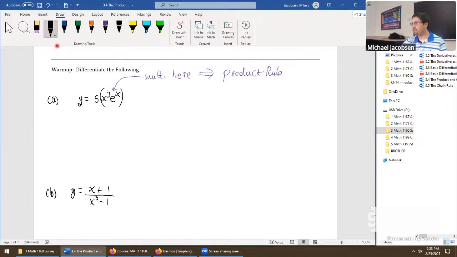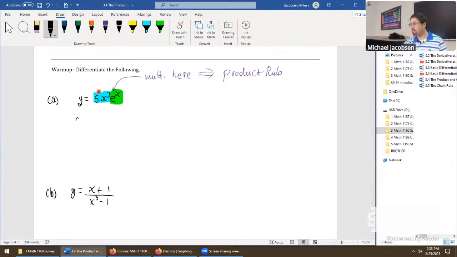What you could do is use the constant multiple rule by leaving 5 factored to the left. Or another valid approach is to consider 5x cubed your first factor and e to the x your second factor. Each way gives you the right answer, so it's really up to you. Let's go with this route, since I feel like it's usually a little more direct. But if you left the 5 factored out on the left, you'll get the same exact answer.